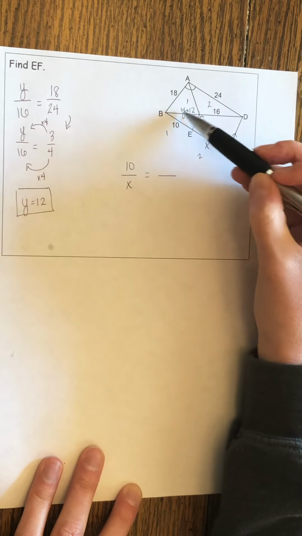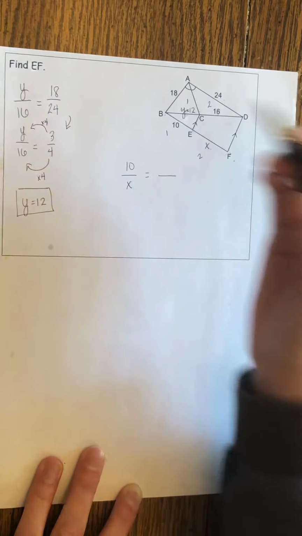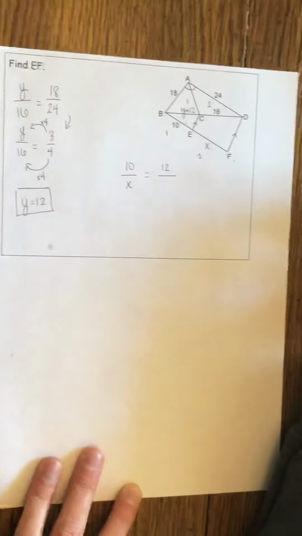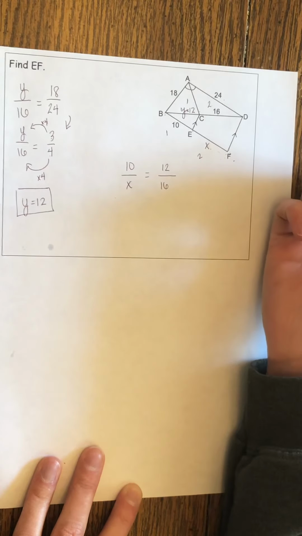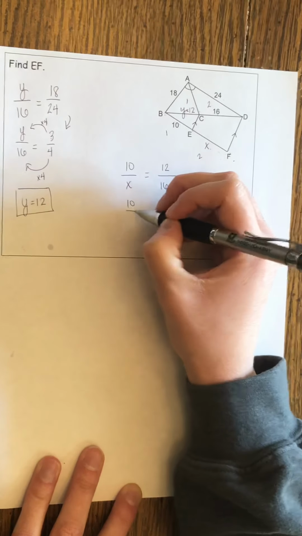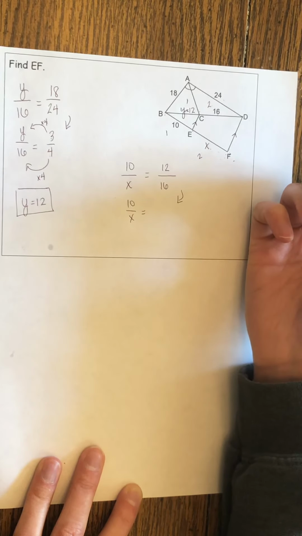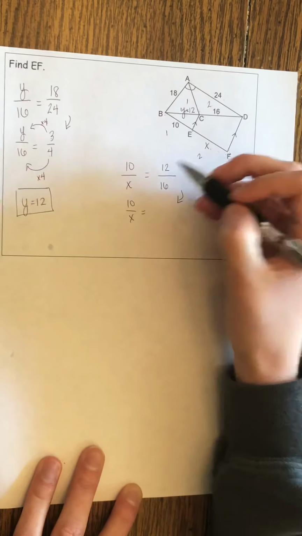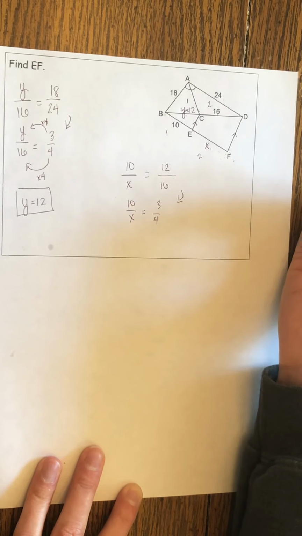If we look at the second side of this bottom triangle, the first part is y, or we just found y to be 12, and the second part is 16. So I want to figure out what x is. Again, I'm going to simplify this fraction because I noticed that 12 and 16 both have a common factor of 4 that I could take out. So if I do that, I'll get 3/4.